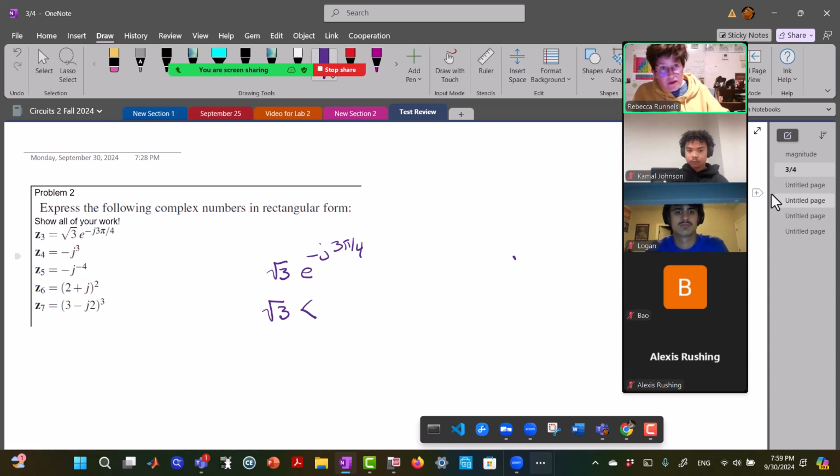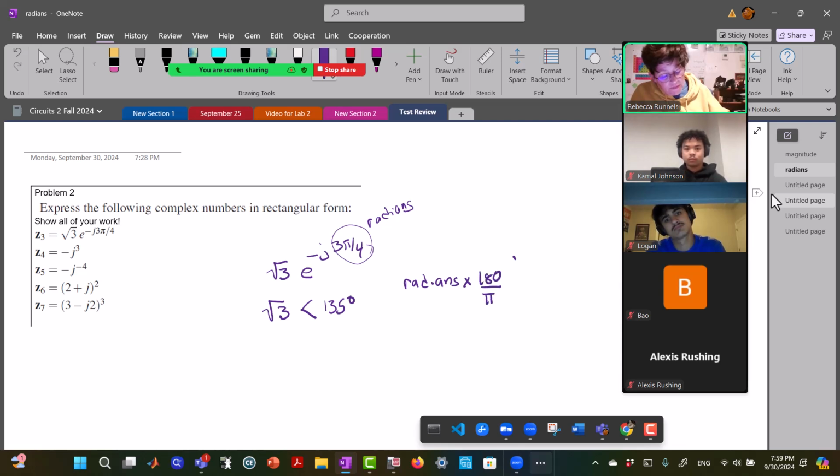Now, when you write it like that, instead of square root of 3 angle 135 degrees, this number is in radians. If you want to change it to degrees, you can use radians, but radians times 180 over pi equals degrees.